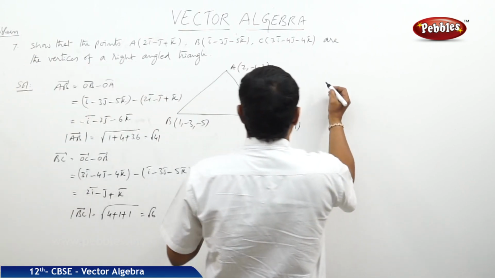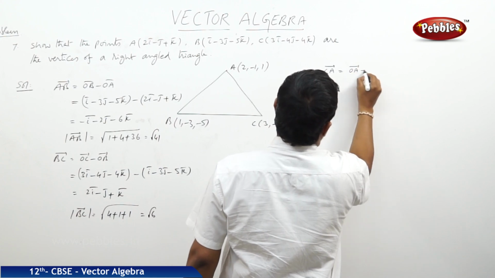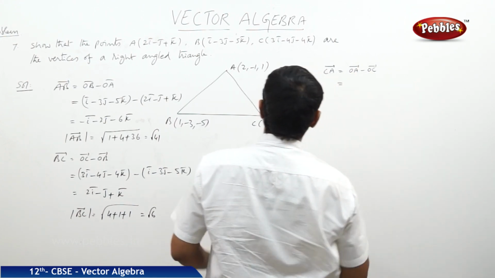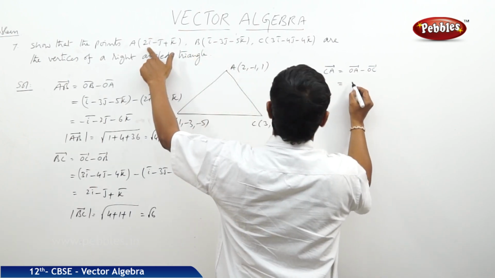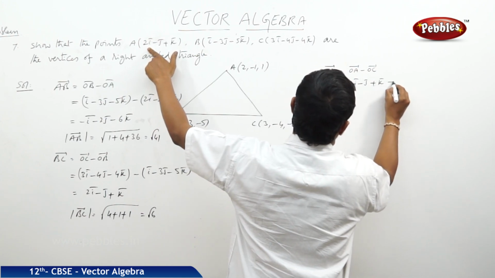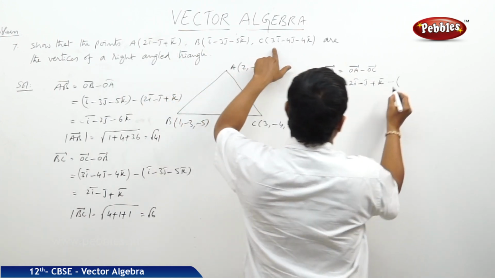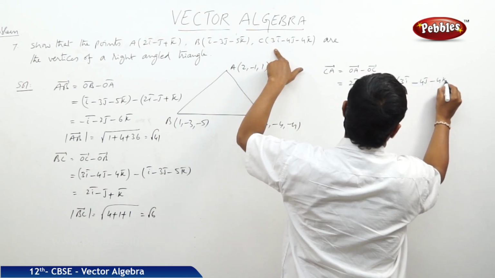And now define CA vector. The CA vector is equal to OA minus OC. OA vector is 2I minus J plus K minus OC vector, which is equal to 3I minus 4J minus 4K.